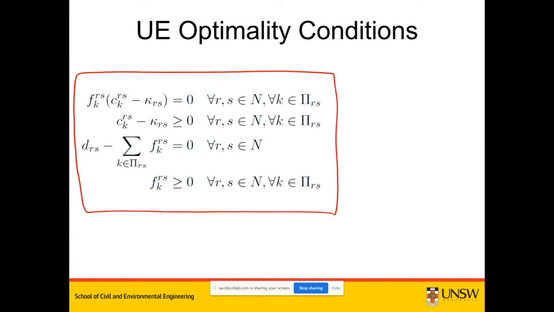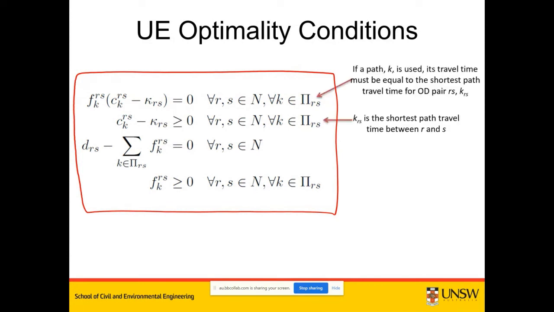We apply the general optimality conditions with the Lagrangian approach to that optimization formulation that we put together for UE. And then we solve it mathematically, and then we get to these UE optimality conditions. And each of these conditions actually has a physical meaning. I will go through them in my video for you later, so you can review.